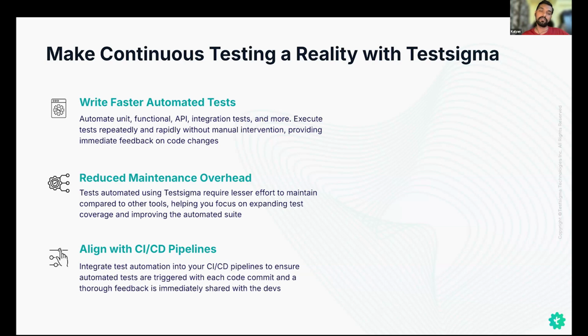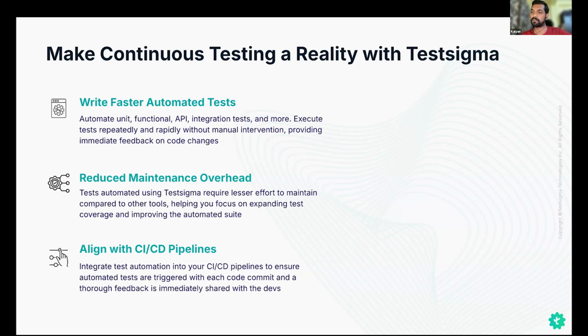And then natively, you will be able to integrate with your CI/CD pipelines through the native integrations that we support. Or if there is anything that we natively don't support, you can always use the REST APIs to integrate those tools with Testsigma, and you can automatically trigger your tests through the CI/CD pipelines, and then share the feedback directly with your developers through Slack or through email.